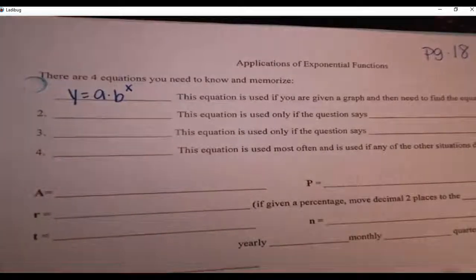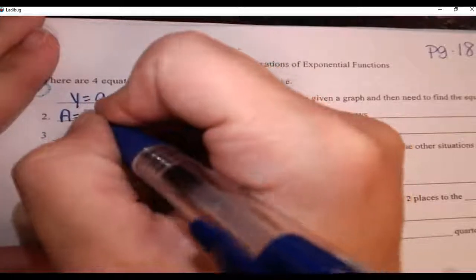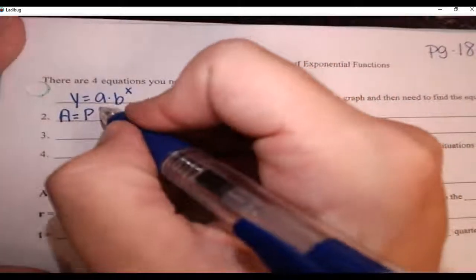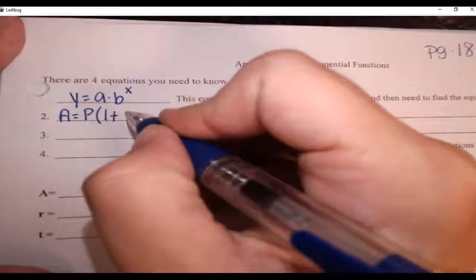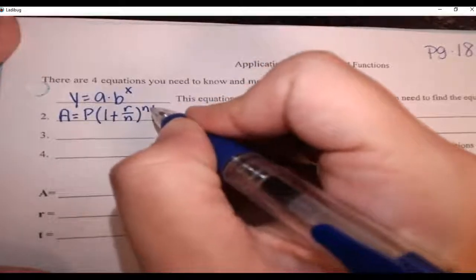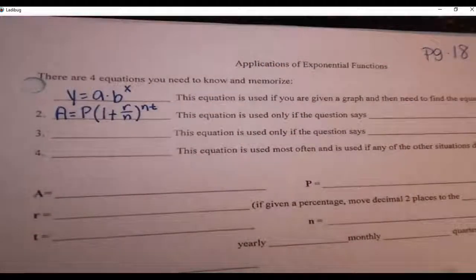So then our next formula is A equals P times 1 plus r over n to the nt. This equation is when you're talking about some kind of money, maybe a loan or maybe an investment.